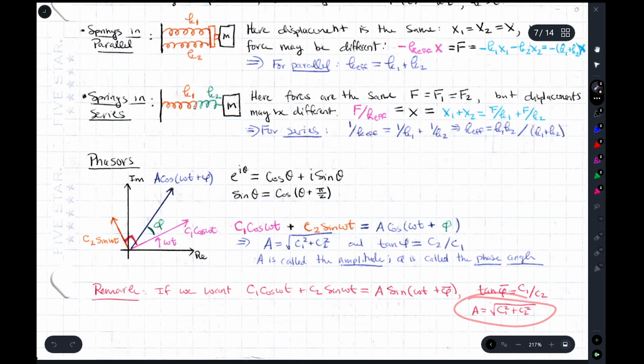If you want to do that, the amplitude is the same, but you'll have C1 over C2 instead of C2 over C1. Sine here is the projection onto the imaginary axis, and that's why that's happening. Just keep that in mind: if you actually want to combine them into a sine, you would use this for tan for the phase and not this.